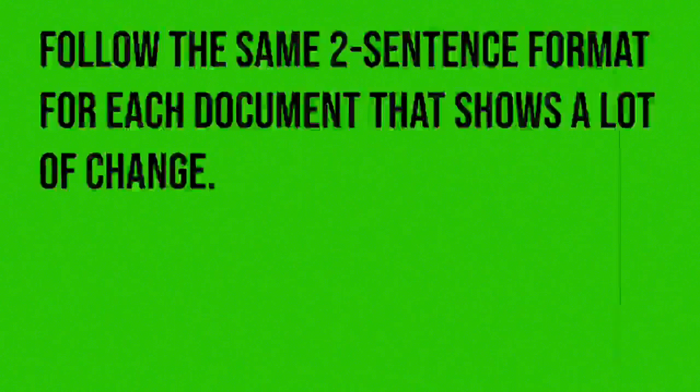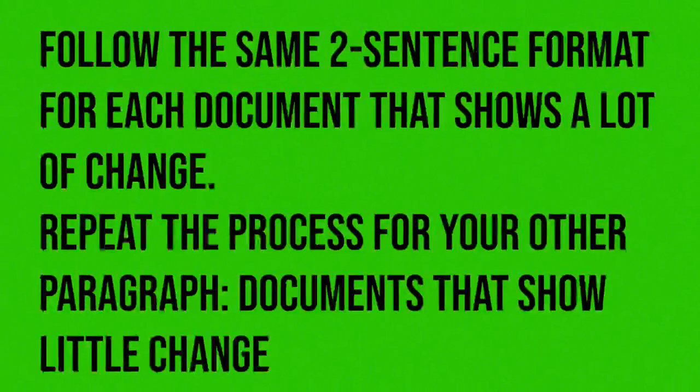And that's really it. For the rest of this paragraph, you'll want to follow the same 2-sentence format for each document that shows a lot of change. And then you repeat this process for the other paragraph, documents that show little or no change.